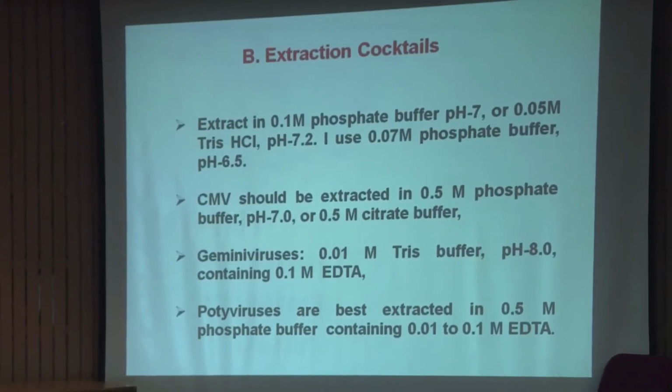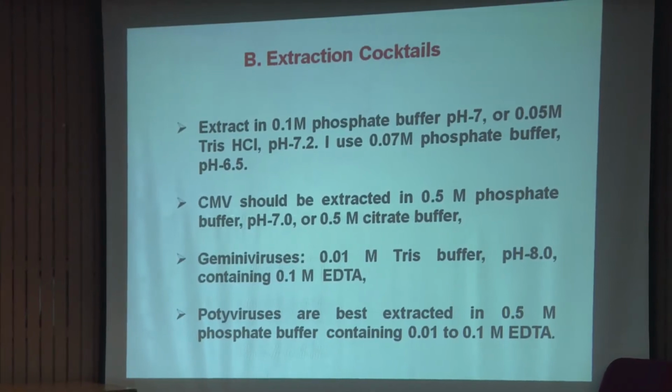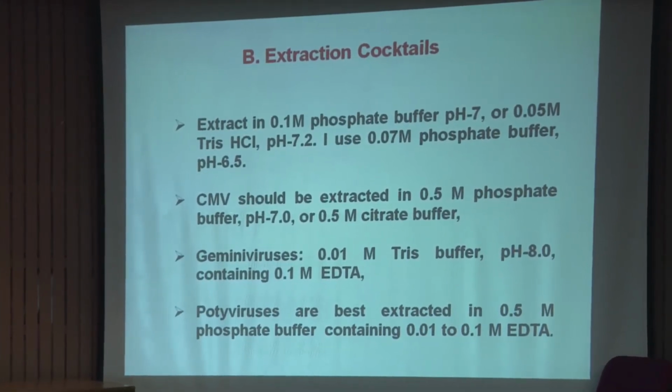But if you see the literature, different people are using different kinds of buffer for their extraction, and they are getting good results in the other buffer. For example, CMV should be extracted in 0.5 molar phosphate buffer, pH 7, and some Gemini viruses are extracted in 0.1 molar Tris buffer, and potyviruses are extracted best in phosphate buffer containing 0.01 molar EDTA.